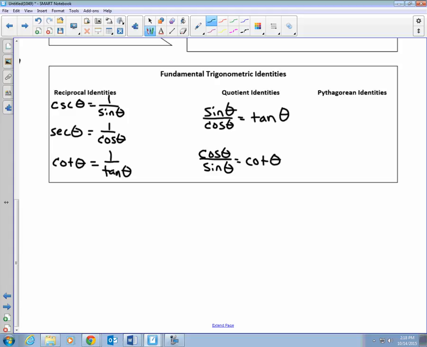And then finally, we have our Pythagorean identities. These are a little bit more complicated, and it's what we're going to practice today. We will actually use all these formulas. If you take sine squared of theta and add it to cosine squared of theta, you get 1.